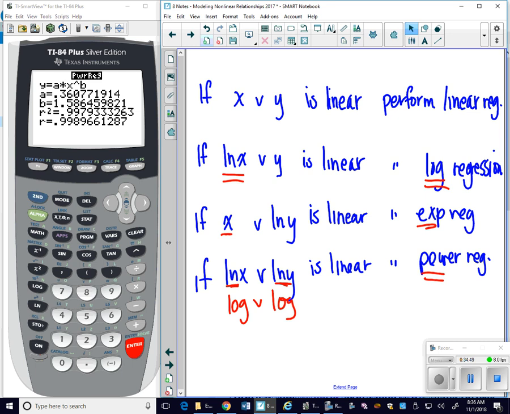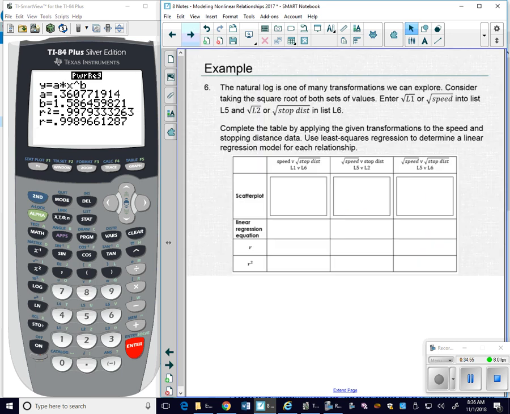But the logs, those aren't the only kinds of transformations that we can do. If you take a look at the next set of exercises, we can also use square roots. I could also square my data. So I could take x squared versus y. I could take the reciprocal of x and the reciprocal of y and compare those relationships.